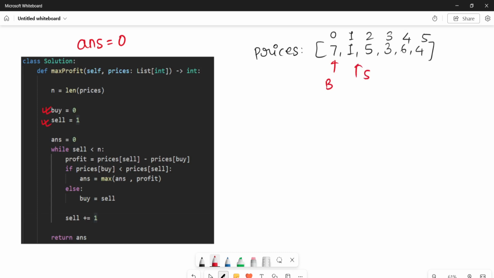Then we have this loop until we exhaust the sell variable. Sell will keep on increasing, and buy will increase based on sell. Here we find the profit as the difference, sell minus buy. At present, let's iterate over here. It's 1 minus 7, which is minus 6.